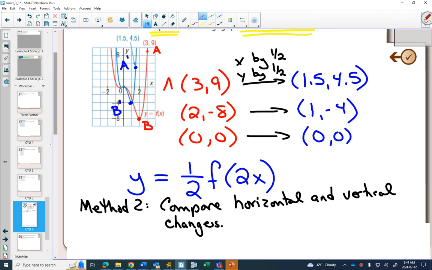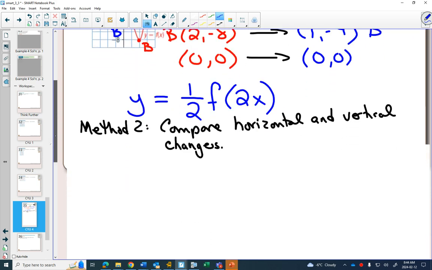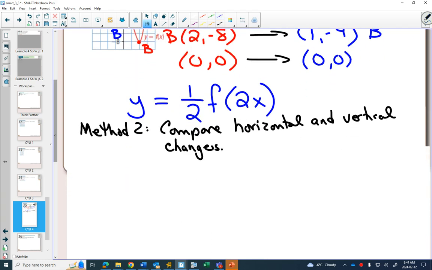I'm going to show here, this is A, this was A prime, this was B, this changed to B prime. So method 2, and method 2 is going to work when we add even more transformations to this. Method 2 says compare your horizontal and vertical changes.